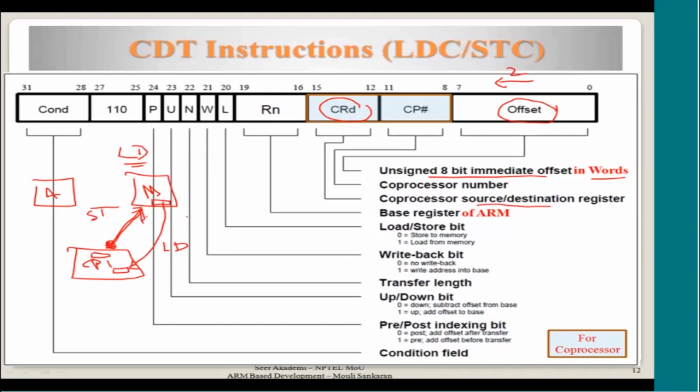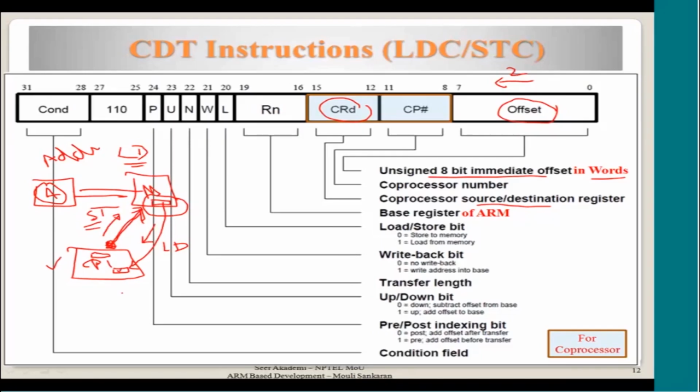Now this address has to come from ARM, so ARM has to compute the address for this memory transaction, whereas the data needs to be provided by the coprocessor. If it is a store, it will provide the data to be written into memory. If it is a load, it will take the data given out by the memory into some register.